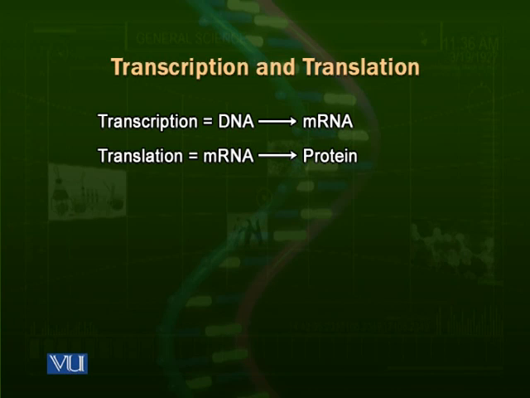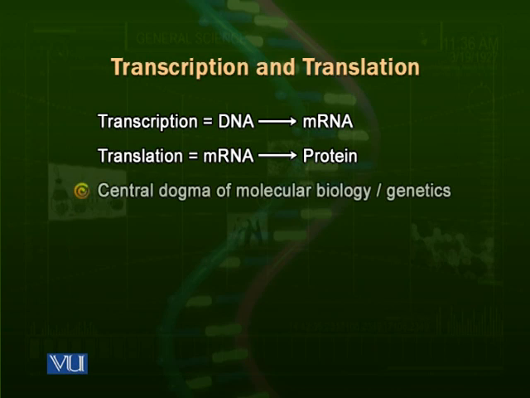That is, the language of DNA is translated by the messenger RNA into the protein. We call it the central dogma of molecular biology or molecular genetics. Central dogma means that in any field of study, we have a central theory, a central idea around which all of that science revolves.